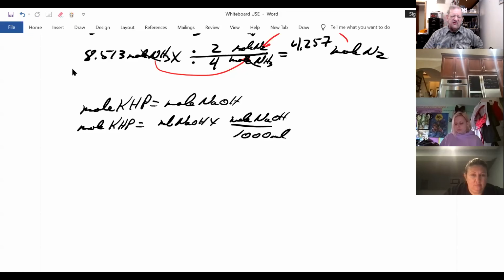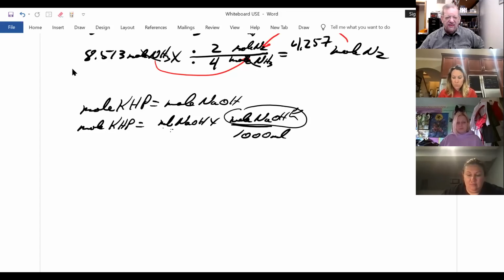And what I'm doing is showing you how I got equation 3, in case anybody was interested. Hopefully, maybe one of you is. What do I want alone on this side? This, because it's moles per 1,000 milliliters, which is molarity. So once I calculate this, this will also be molarity. Well, if I want to get rid of the milliliters of sodium hydroxide, I divide both sides by milliliters.